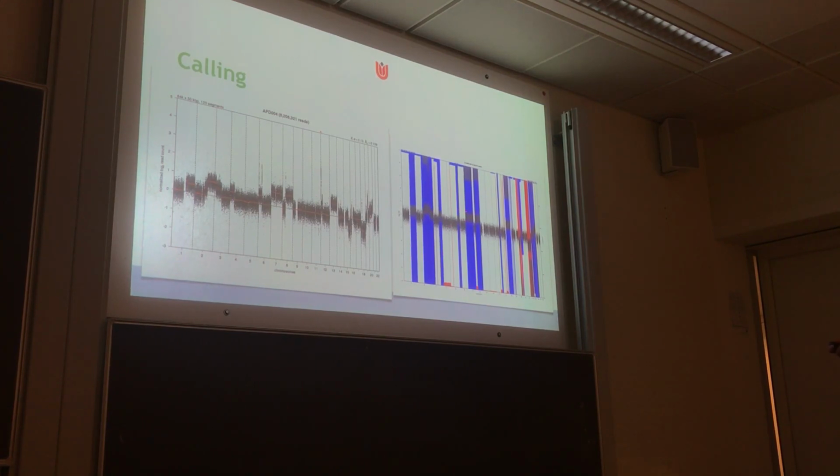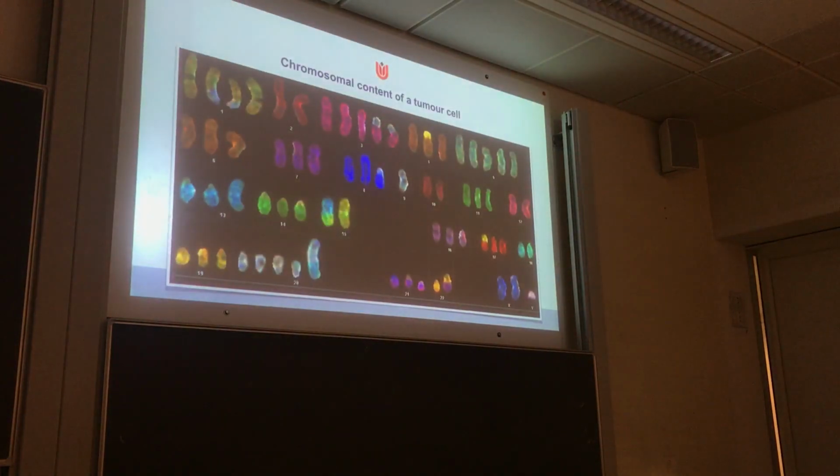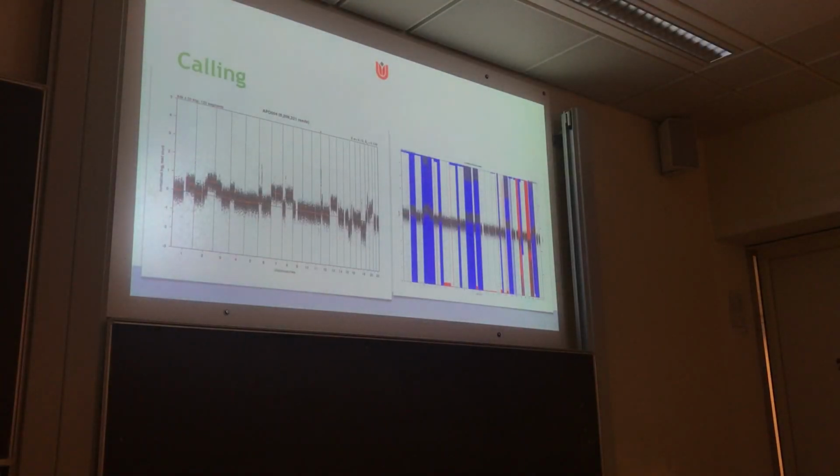So this is what it looks like. These are gains, and these are losses, or at least as called by the algorithm. I should note that especially this step, there are a lot of competing algorithms. The first two steps are more or less accepted, how to do it, and most algorithms do it the same way, but here, going from a copy number profile to a discrete number of copies in chromosomes, there are a lot of different methods out there that do this.